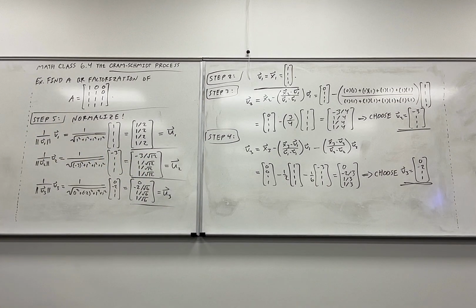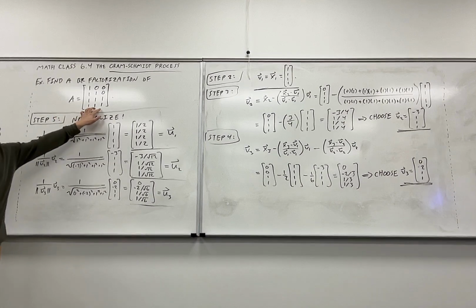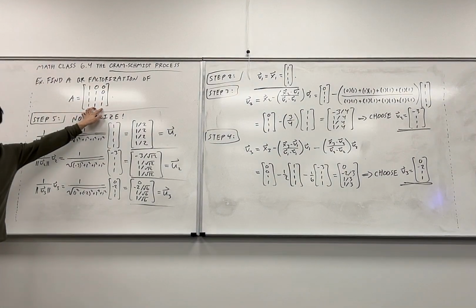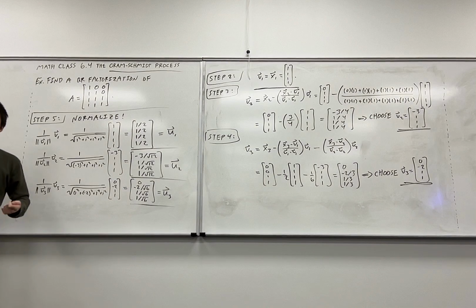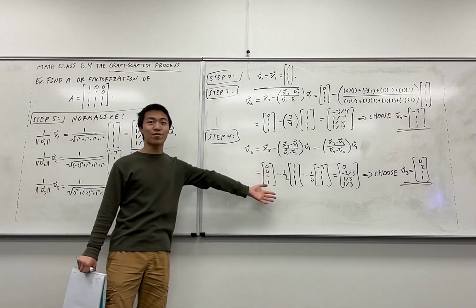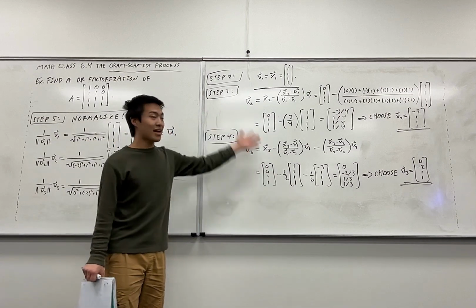Let's take a step back and make sure everybody's on the train, okay? The very first thing we did was we took the columns, and those were our x1, x2, and x3. We realized those aren't orthogonal. Well, gee, we have an entire algorithm to fix that for us. So we did that entire algorithm.